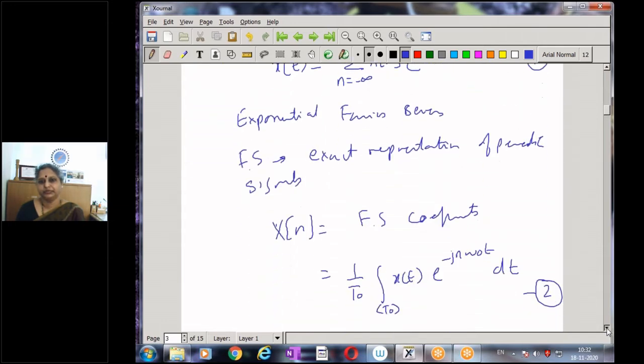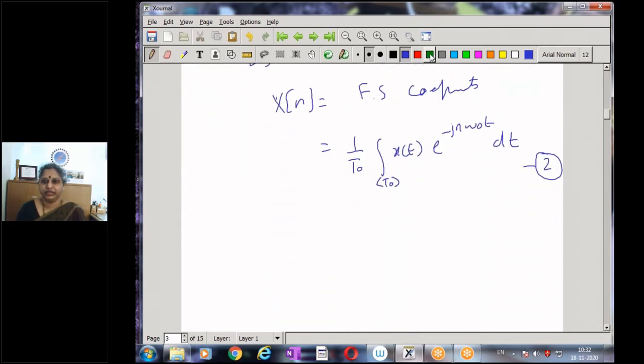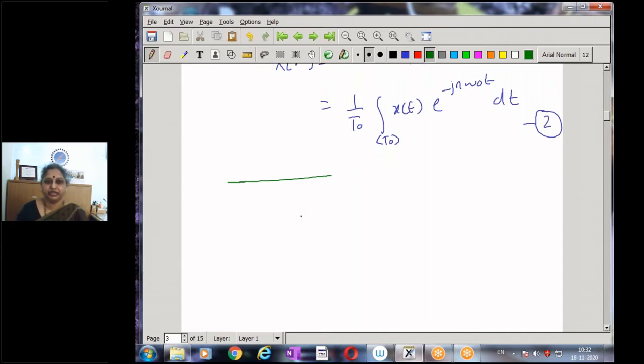We go back to our design of FIR filters, and I have the impulse response of the system h of n, and I am interested in computing the impulse response h of n for a given H of omega. So the frequency response is given, and I need to obtain the impulse response h of n.